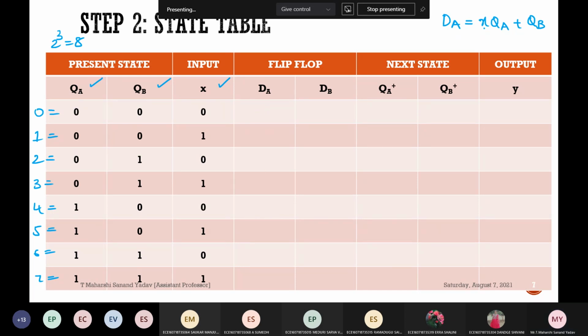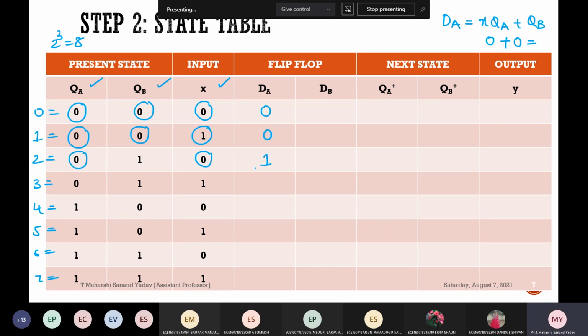See here, x into QA. Where is x? x into QA. So 0 into 0 will be 0 plus QB. What is the value for QB? It is 0. So 0 plus 0 is 0. Next, x into QA. So 1 into 0 is 0 plus 0. It is again giving 0. Next, same story. 0 into 0 is 0 plus 1.